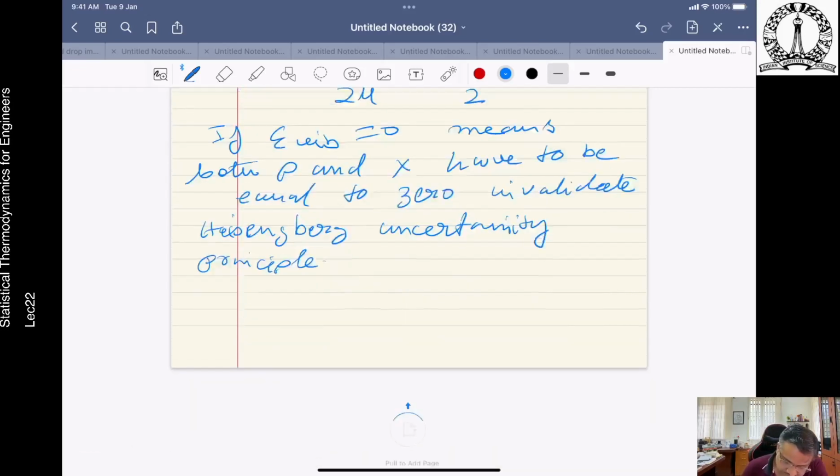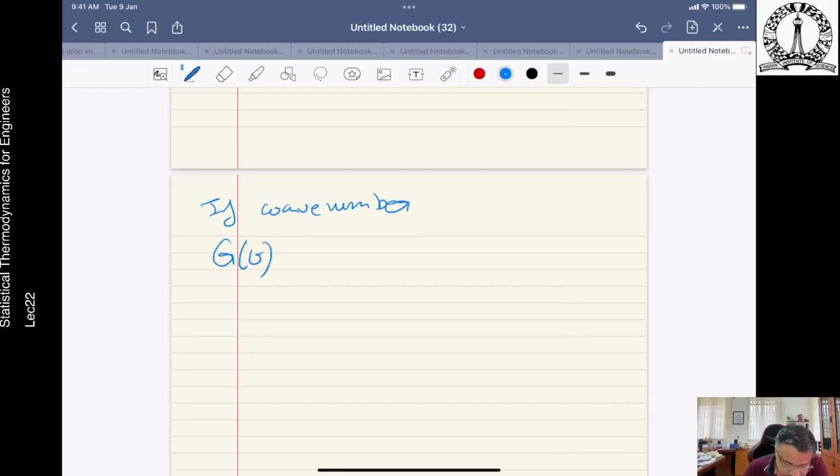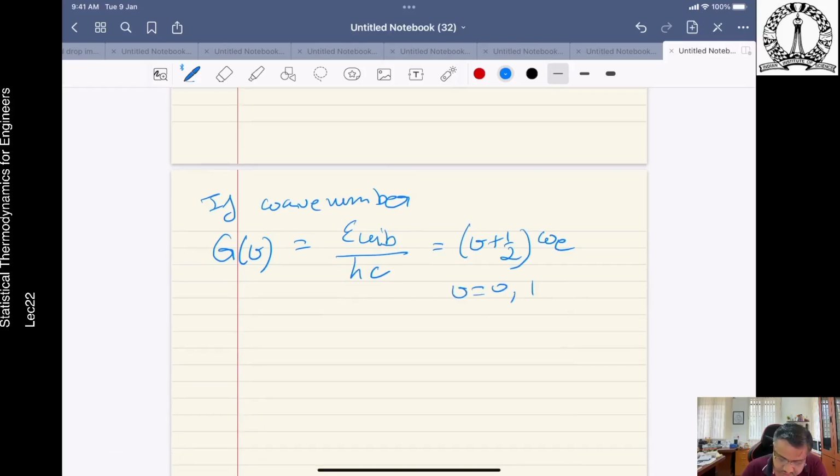So now go to the next page. If wave number space, let's put it as G_V, vibrational divided by HC, that is equal to V plus half into omega E, where V equals 0, 1, 2, and so on.